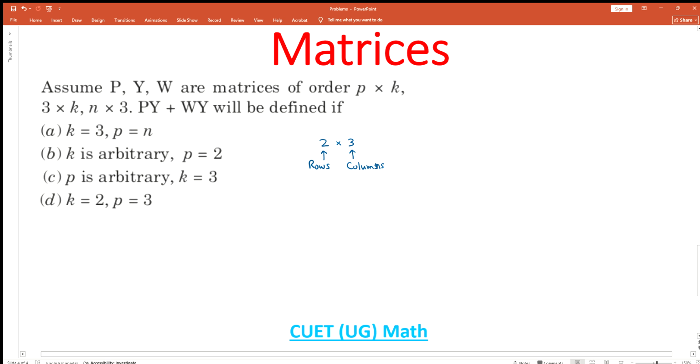Let's start by analyzing the given matrices.